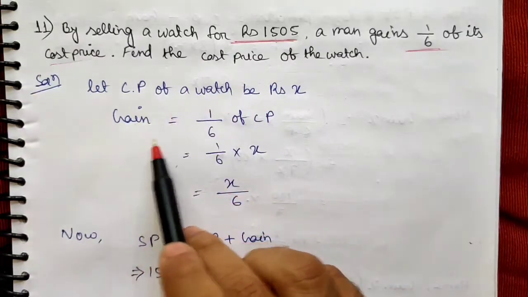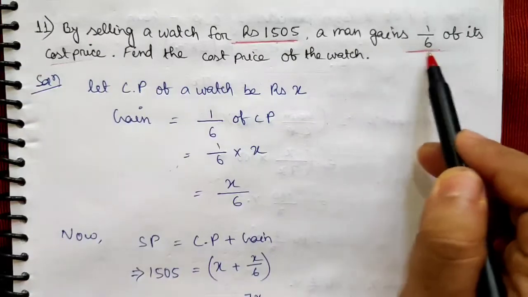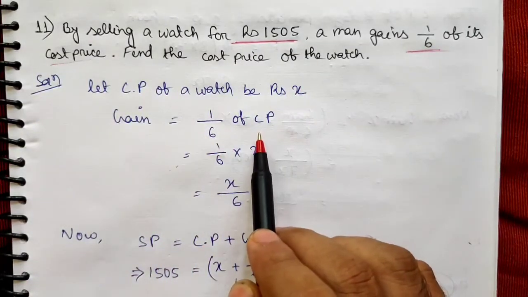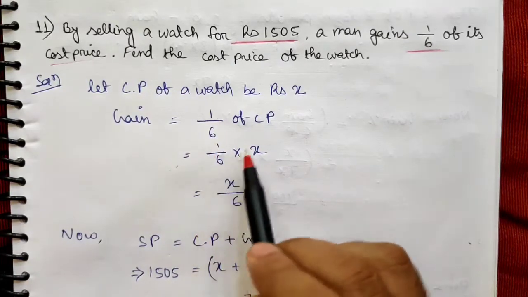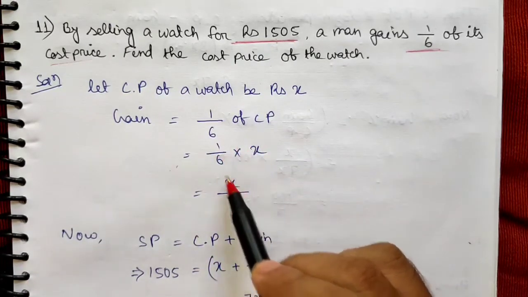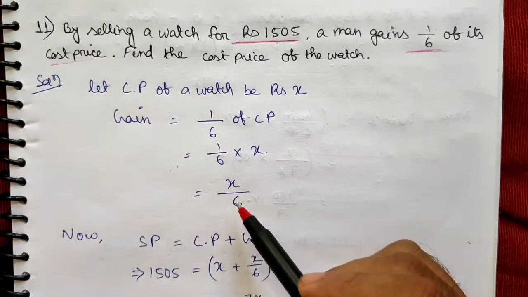Now as per the question, the man gains 1/6 of the cost price. So gain equals 1/6 of CP, so 1/6 into X, 1 into X is X divided by 6, so it is X by 6. Up to this clear?